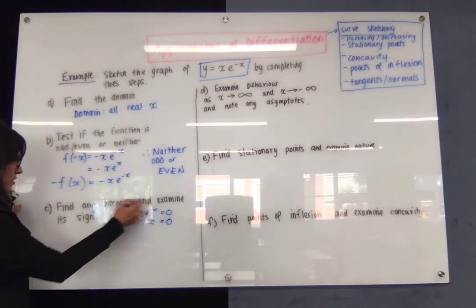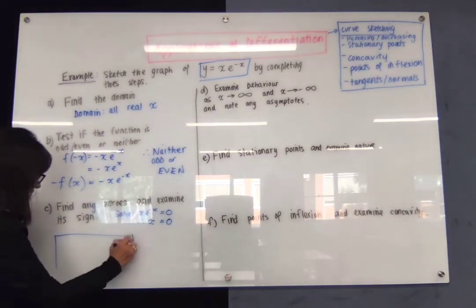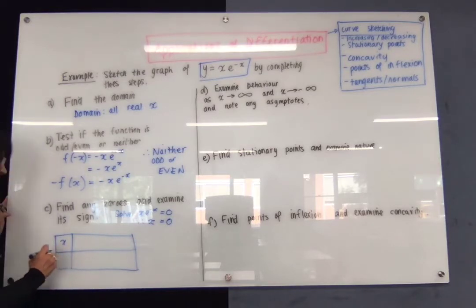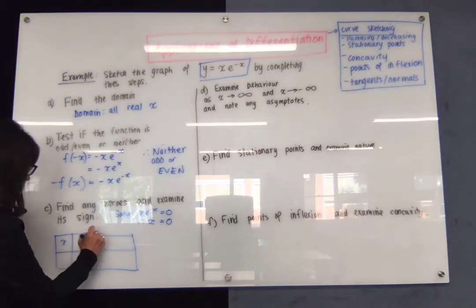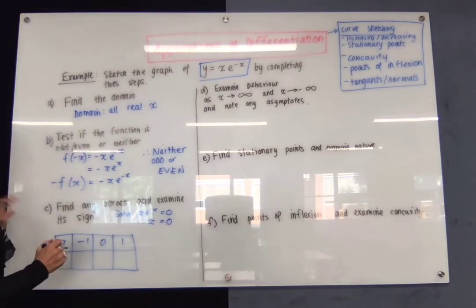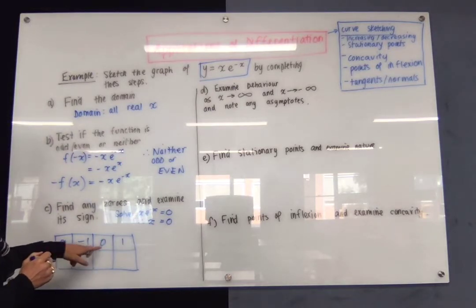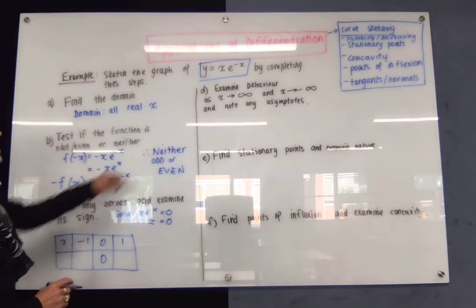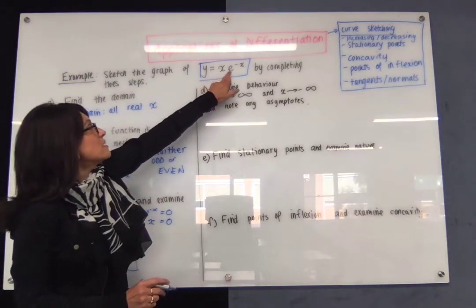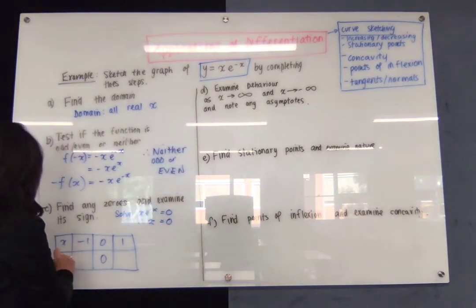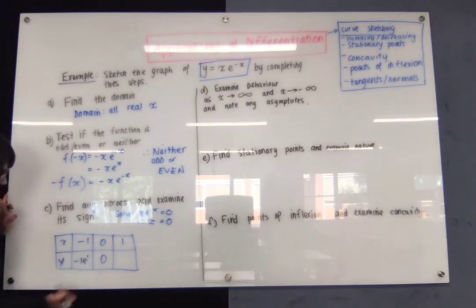Now, when x equals 0, let's look at the sign. What's happening around that value for x? We're going to look at this table of signs. So let's take 0, let's take negative 1, and let's take positive 1. What's happening to the left of 0? We know this is 0 here. If we substitute in negative 1, we've got negative 1 times e to the negative negative 1, which is e to the positive 1.